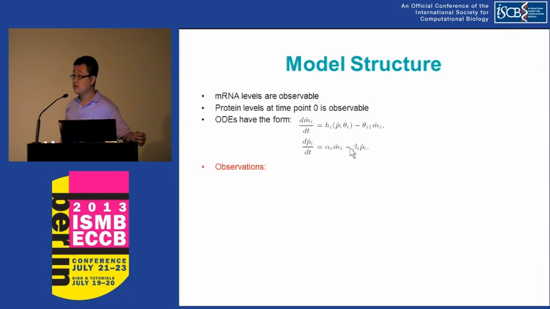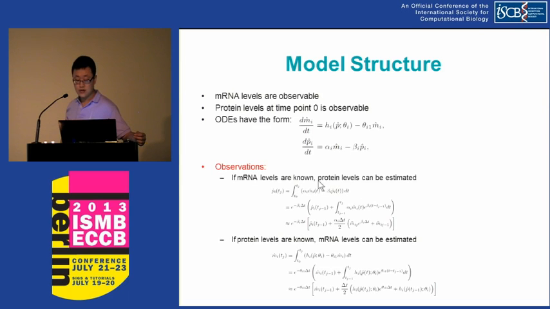So from these two equations, if we know the mRNA levels for all the time points in this equation, then we can use this integration to estimate the protein level. And similarly, in this equation, if the protein levels for all the time points are known, then we can use this integration to estimate the mRNA level.